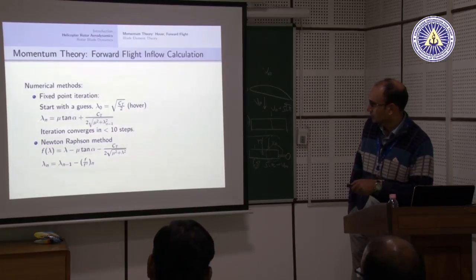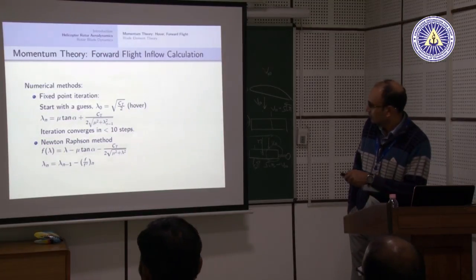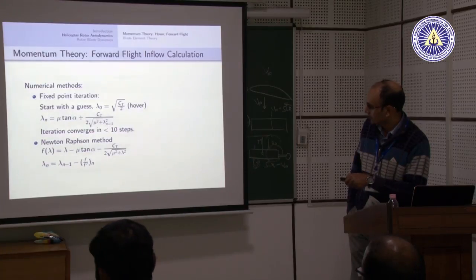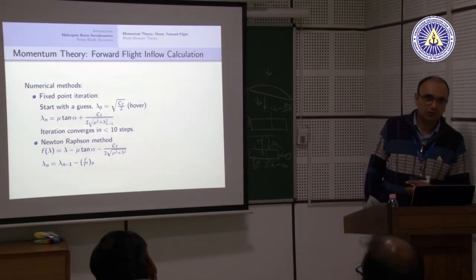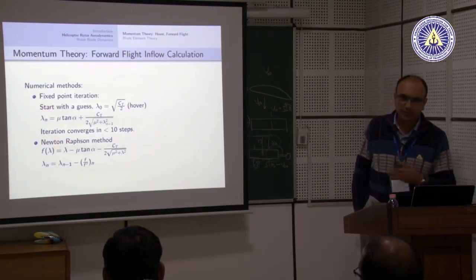So, I start with this guess, this is now lambda 0, and I get lambda 1, and I just repeat this in a simple for loop, and I will get the answer in probably 8 to 10 steps.